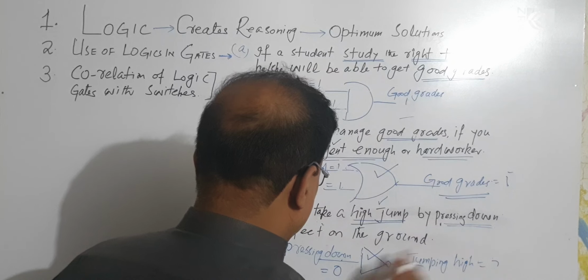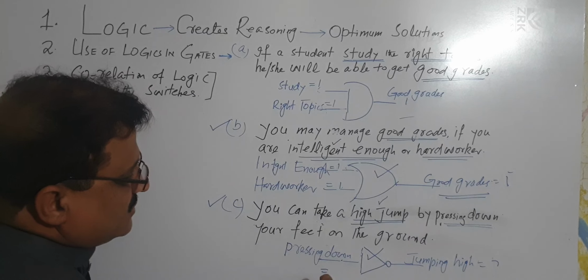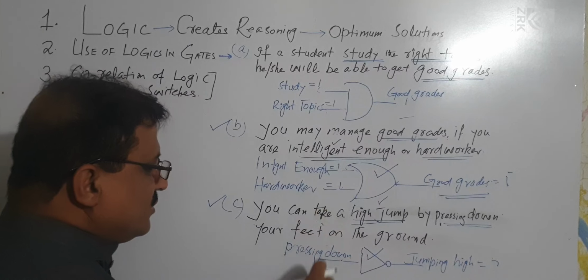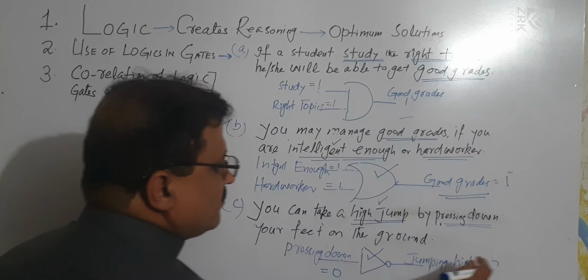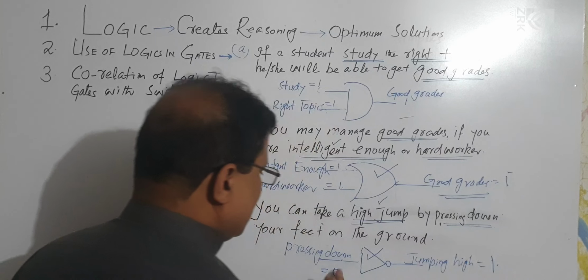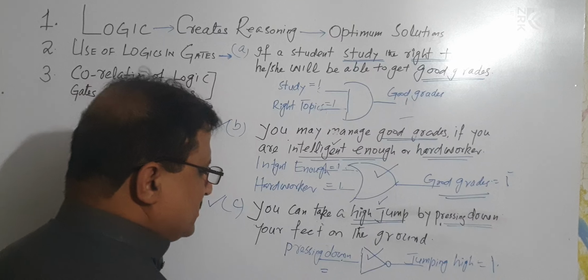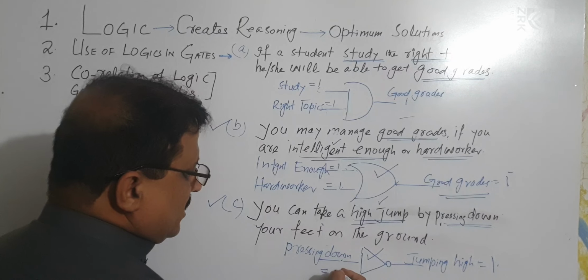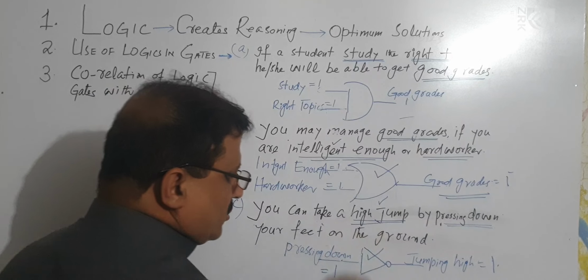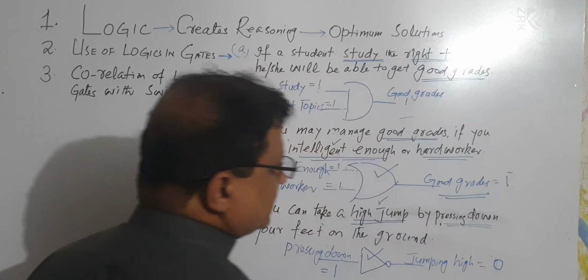Let's say we are pressing down, and if we go more down, we will be able to get a high jump. If we are not going down, not pressing the feet down much, then what is the output? You will not be able to get the high jump.